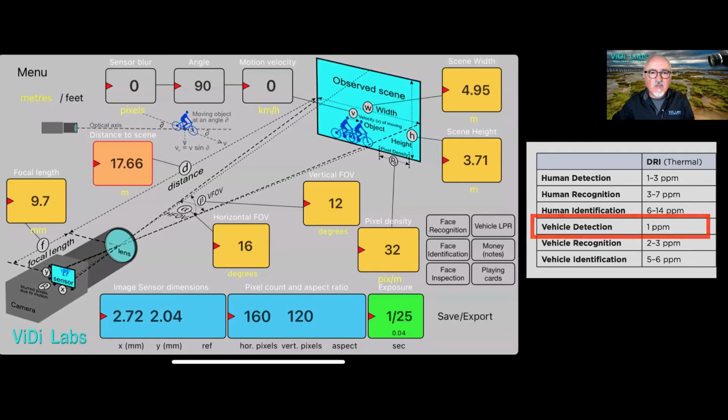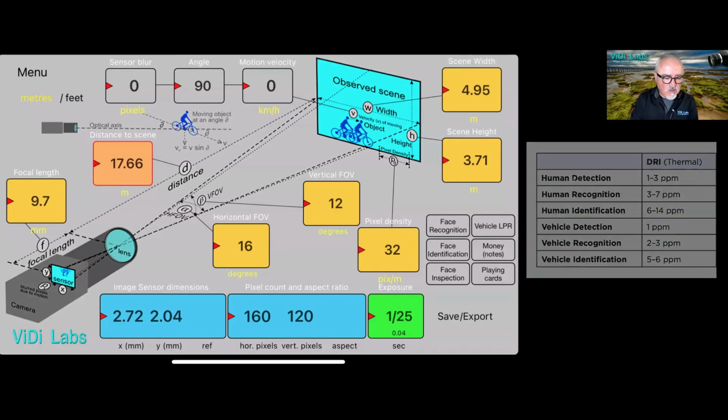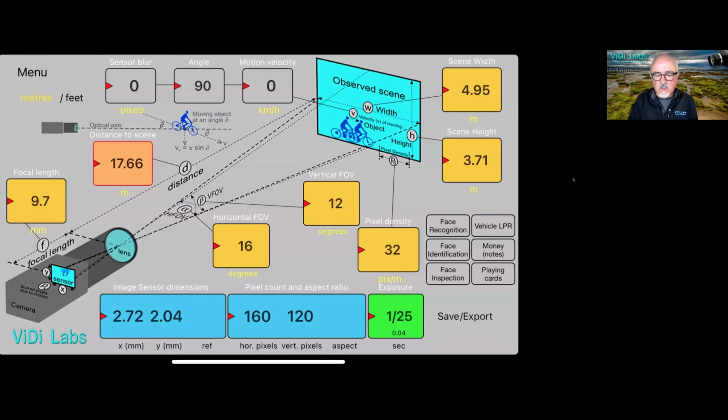So to have at least 1 pixel per meter, the best way to find out is we need to know at what distance we can do that, and because we've got now the distance to scene locked, we will need to unlock it by locking the focal length, because we know we are using this particular camera, for example. So we hold the focal length, and now whatever we change in the pixel density, as you can see, distance will change to correspond to that pixel density for that focal length, for that sensor, for that pixel count I should say.